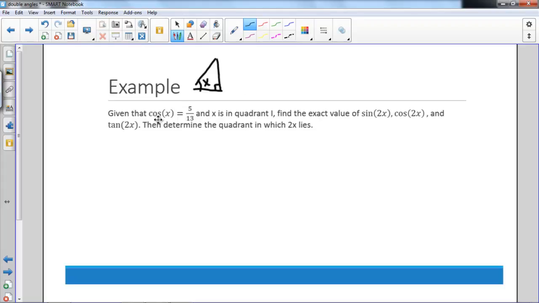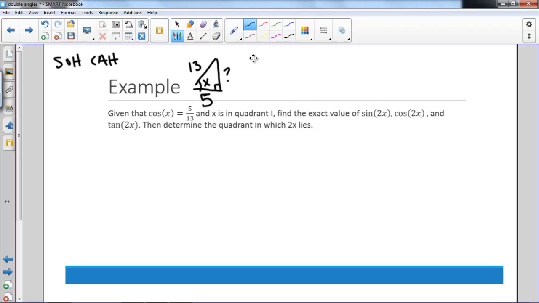Here I'm given cosine of x equals 5 over 13. And from SOHCAHTOA, I know that cosine is adjacent over hypotenuse. This is going to allow me to figure out the length of the other side of the triangle.